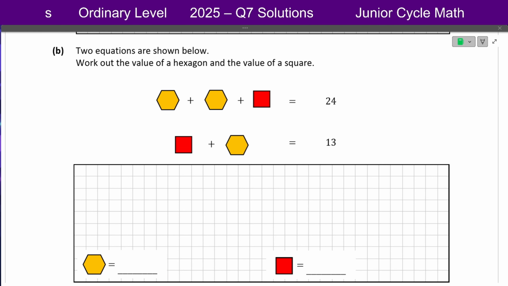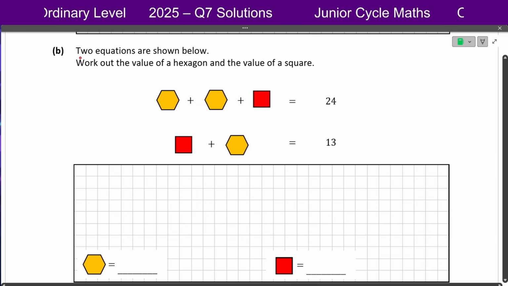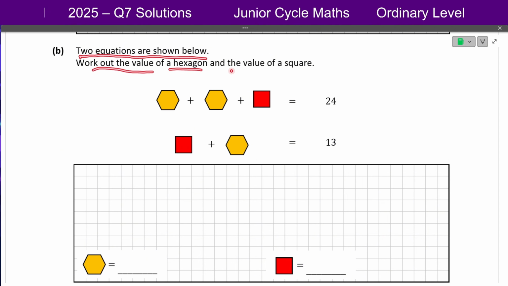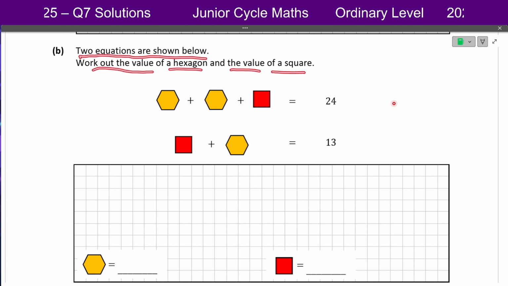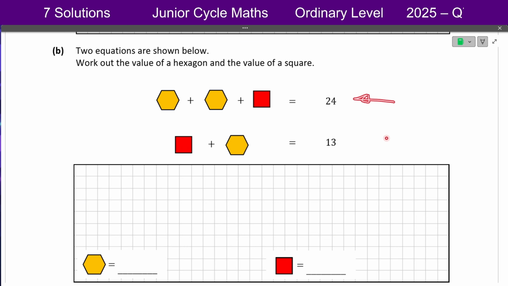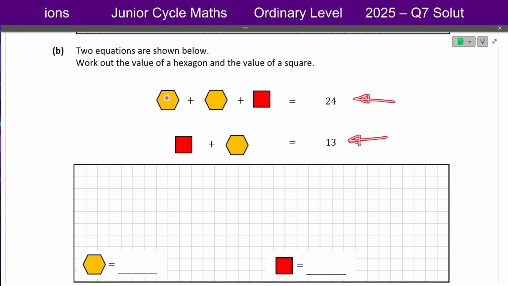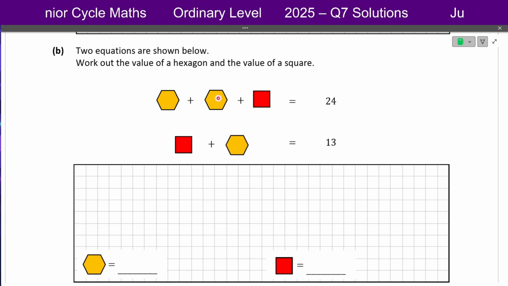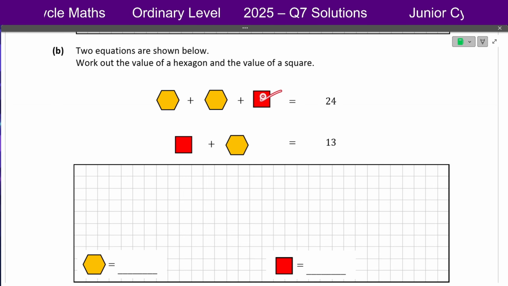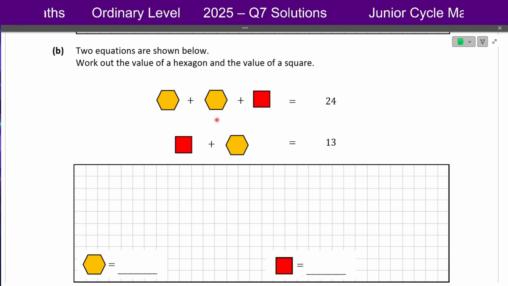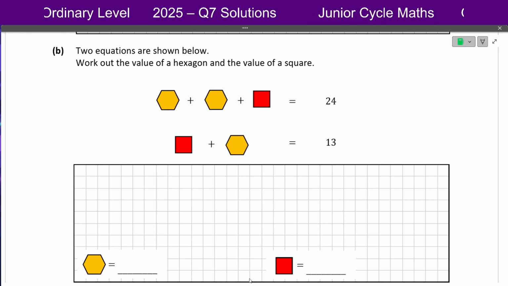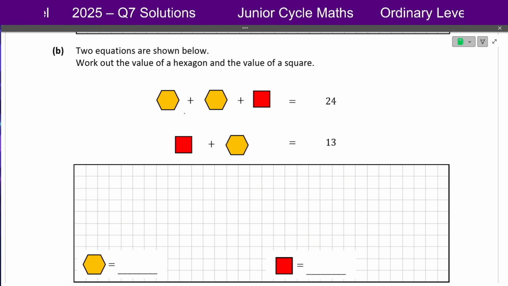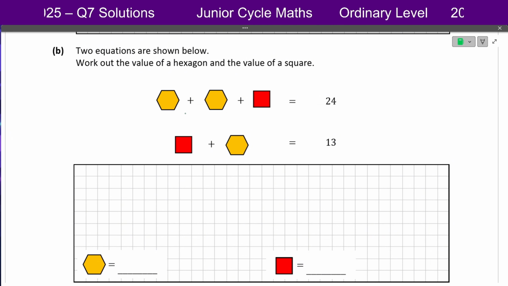And in the second part, it says 2 equations are shown below. Work out the value of a hexagon and the value of a square. So basically we have 2 equations, and we need to find the value of this shape, which is the hexagon, and also the value of this shape, which is the square. To simplify the work, we can assign each shape to a variable.